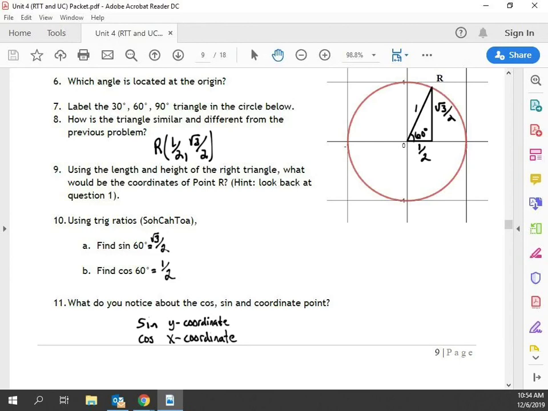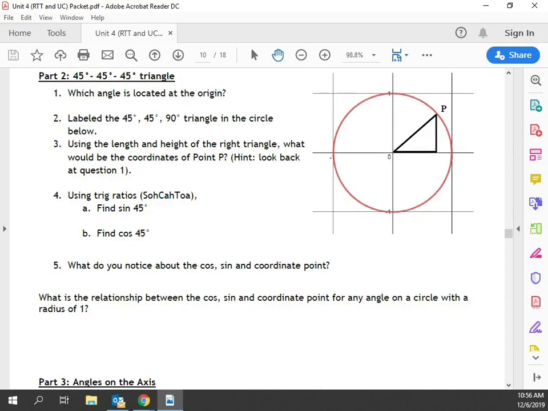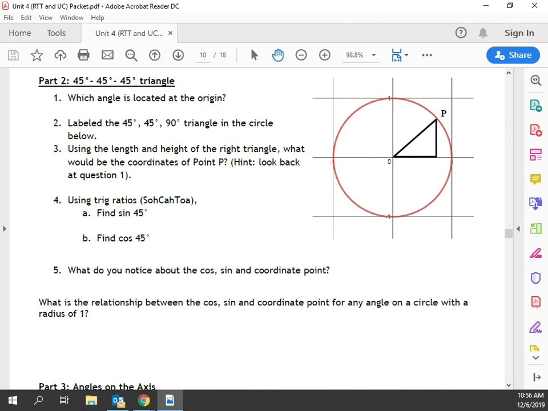Sine is y, cosine is x. Now 45 degrees is a little bit easier. So we have 45 degrees here. We've already established the length of both sides of a 45-degree triangle. What did we just do earlier?